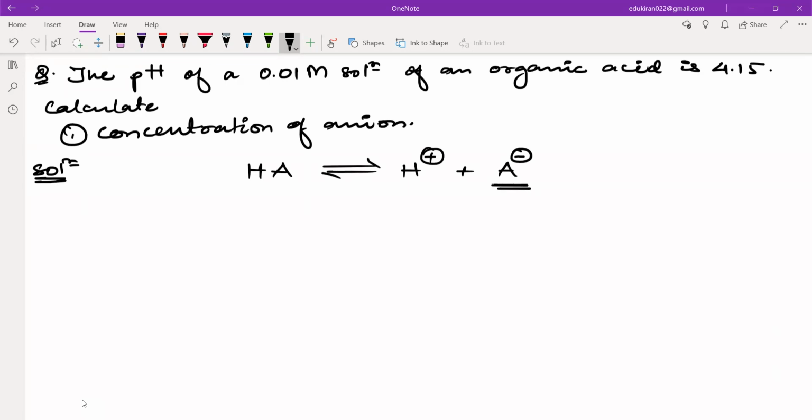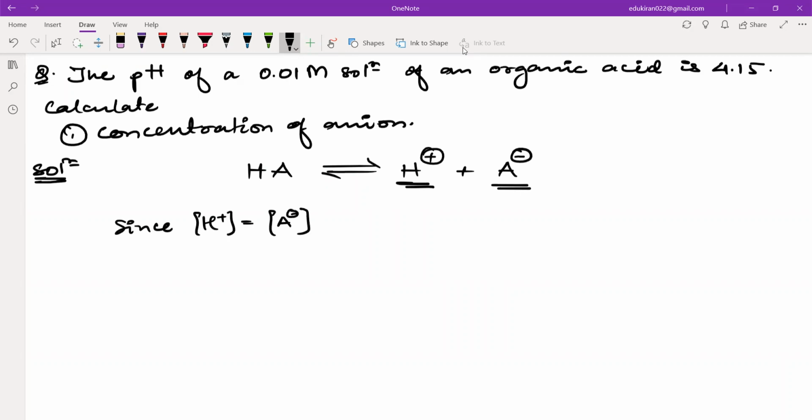Indirectly, it is asking the concentration of H plus only, because the concentration of H plus will be equal to the concentration of anion. Yes or no, guys? They are in equal ratio. So here you have to calculate the concentration of H plus ion, right? Since the concentration of H plus is equal to the concentration of A negative, you will find out the concentration of H plus ions.